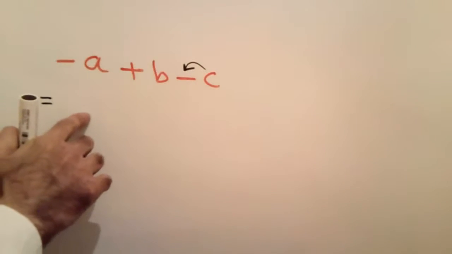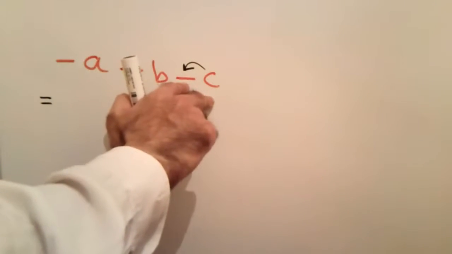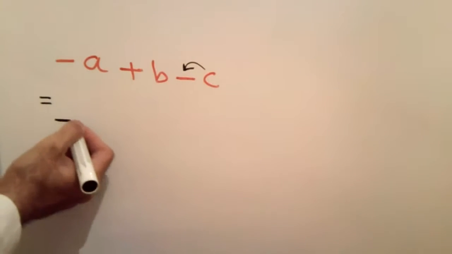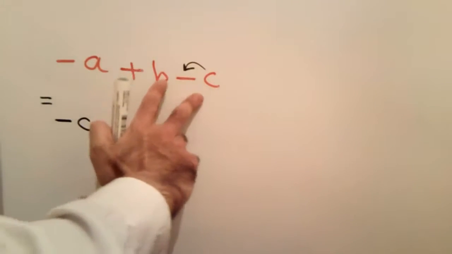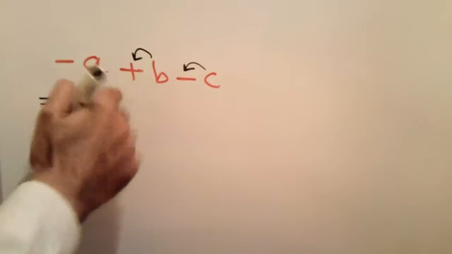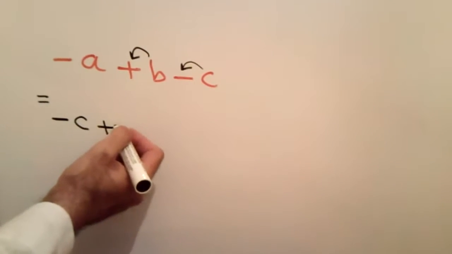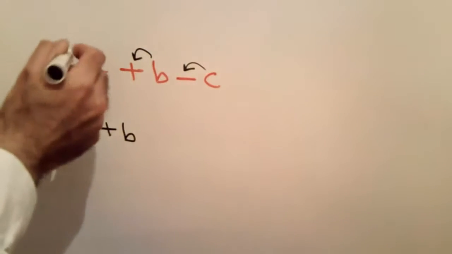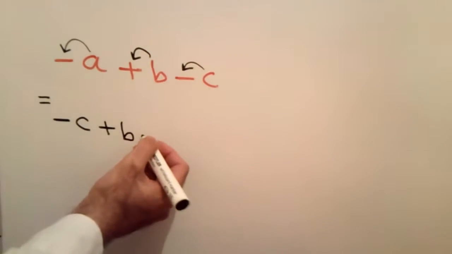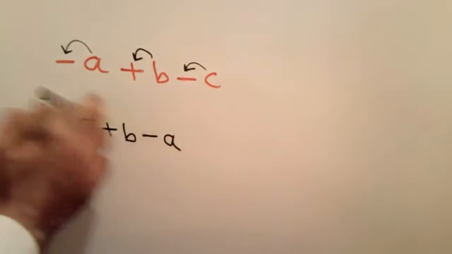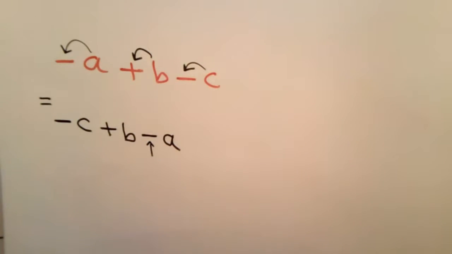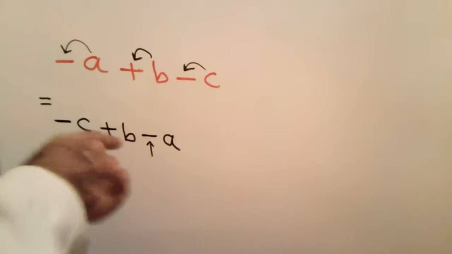If we wanted to write C first, the operator is take away, but the sign of C is on the left hand side, so it will be negative C. The next term we wanted was B. The sign on the left hand side is positive, so it will be add B. And then A. What is the sign of A? It is negative, so we take away A. Here the sign has become the operator of take away.